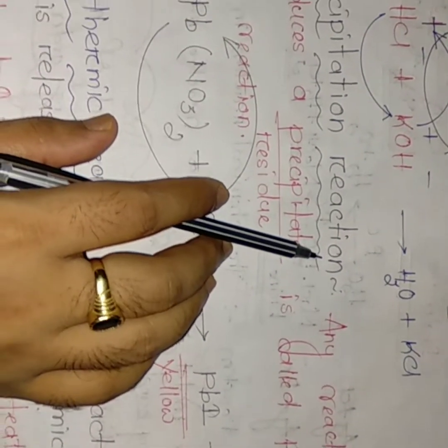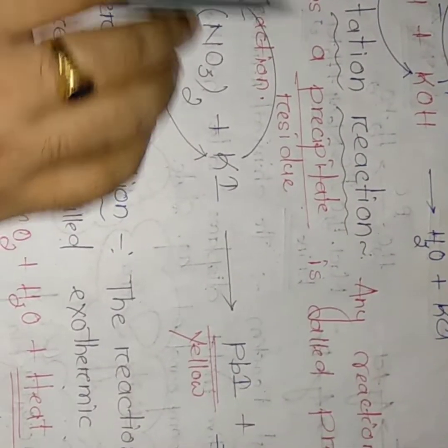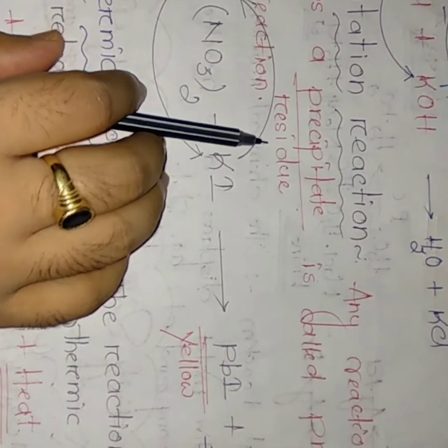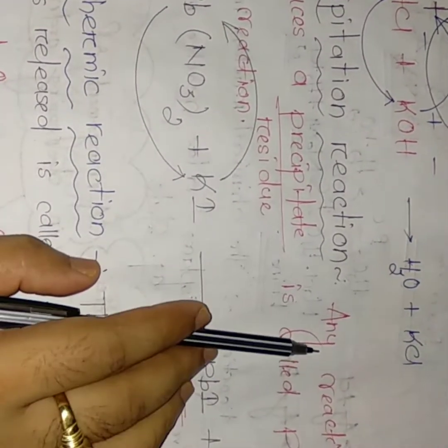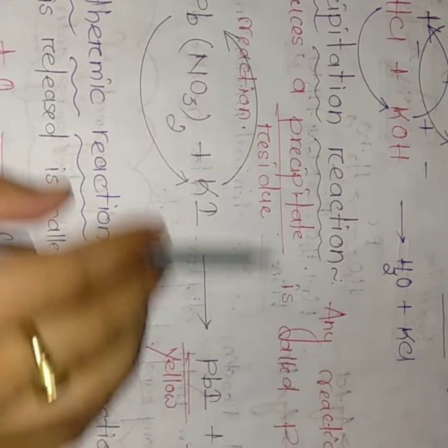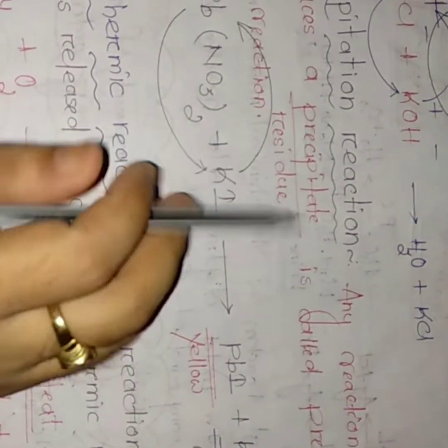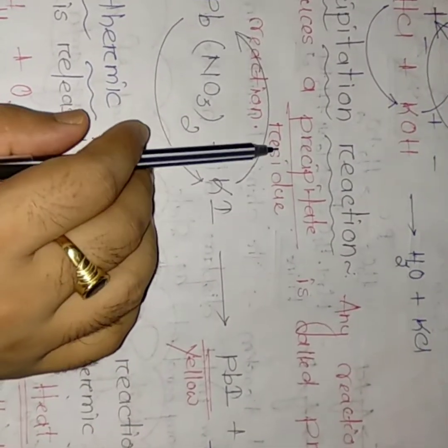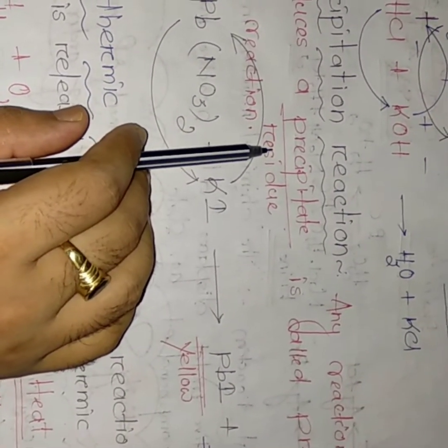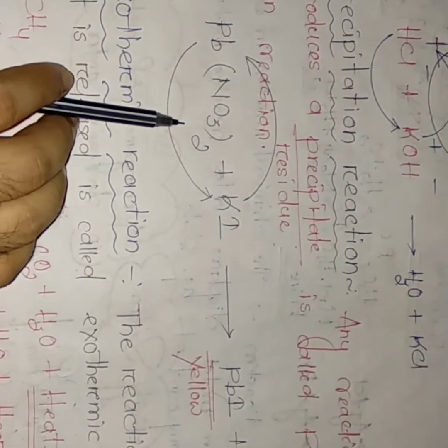Then come to precipitation reaction. Any reaction that produces a precipitate or residue is called precipitation reaction. In any reaction, if you get a precipitate or residue at the bottom of a test tube or at the bottom of the beaker, that is called precipitation reaction. So in this case, you have lead nitrate.